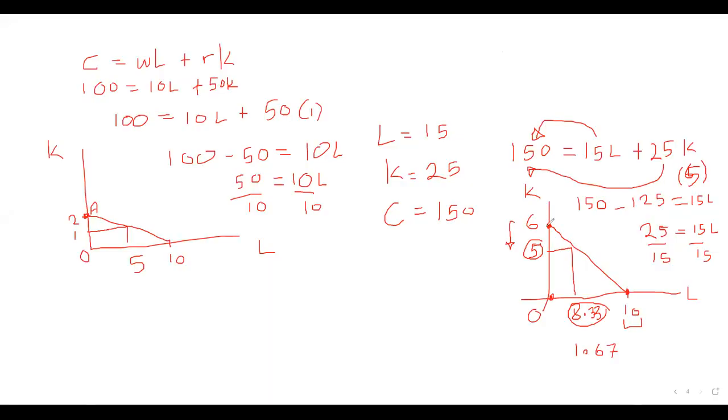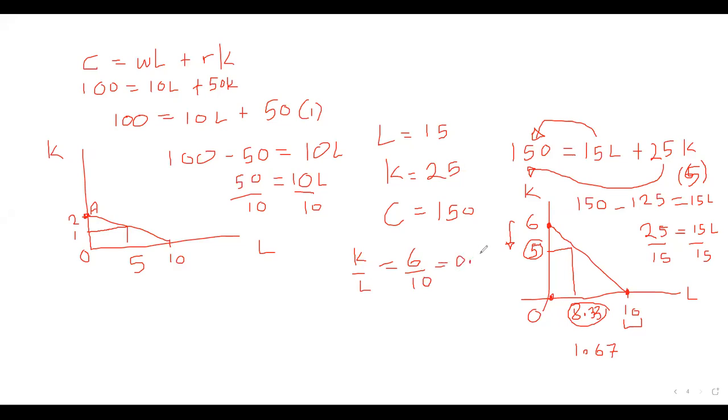So here there is 6 and here there is 10. So we're going to have K divided by the labor, using the intercepts. You divide 6 over 10. What are we getting? 0.6.